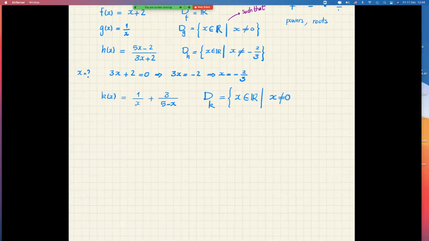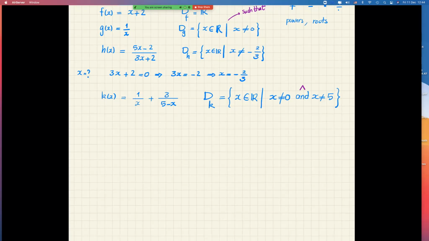So x is not equal to 5. Sometimes I told you that there is a symbol for "and", you can use this symbol instead of "and". So there are 2 limitations in this function: x is not equal to 0, and not equal to 5.